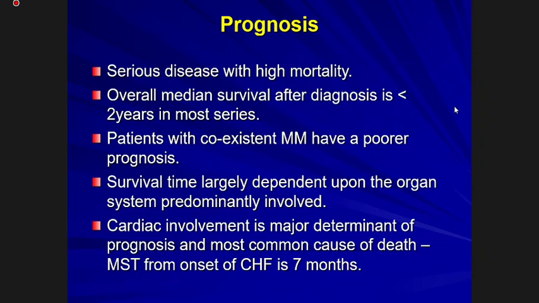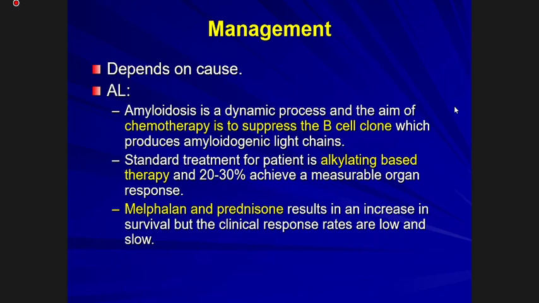It's really good to know there are a few ways of managing amyloidosis. For AL, you can suppress the beta cell clone itself. By suppressing it, you can suppress the production of the light chain.